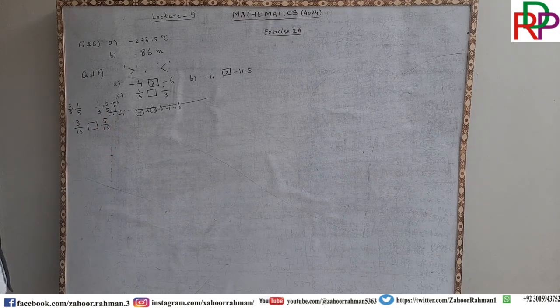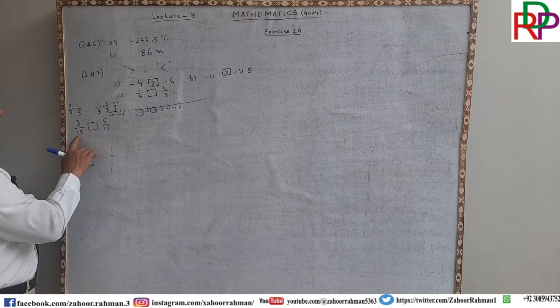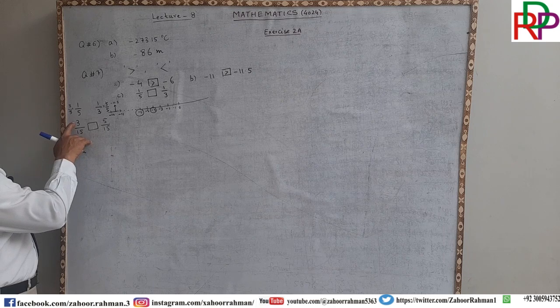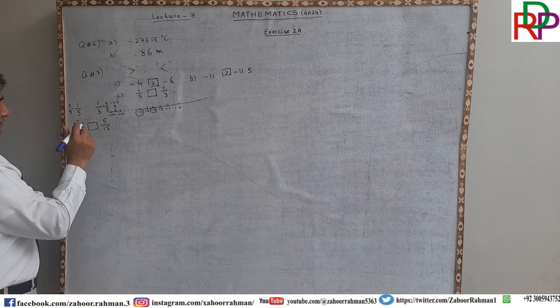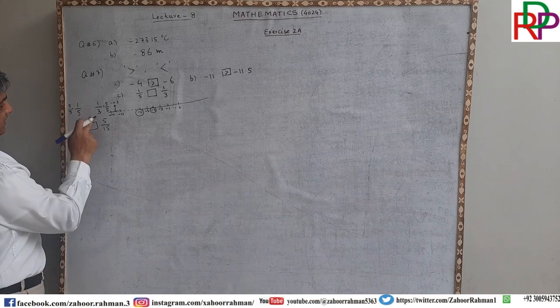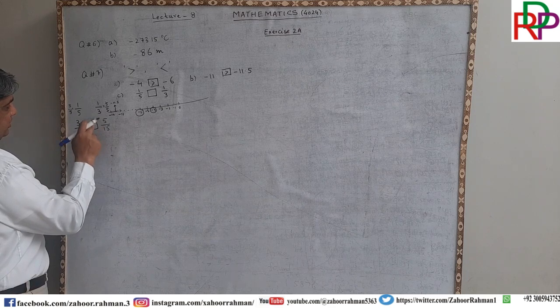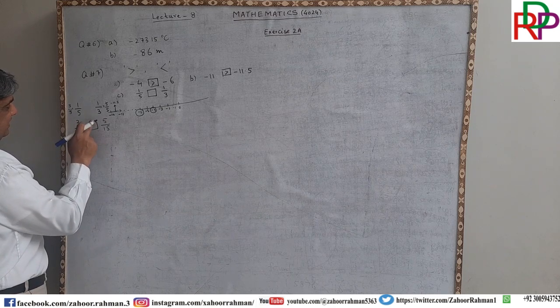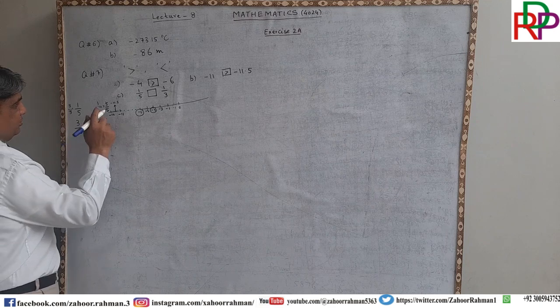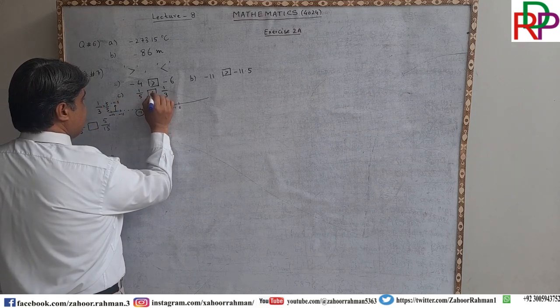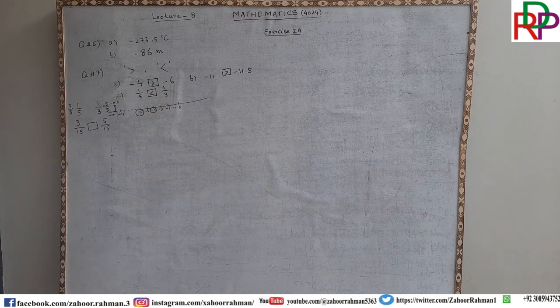Ladies and gentlemen, when the denominators are equal, then you have to see only the numerator, whether this is smaller or this is smaller. So in this particular case, 3 is smaller than 5. So we have to put a less than symbol.